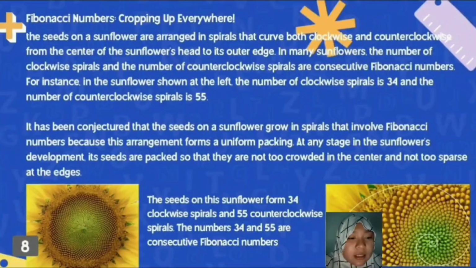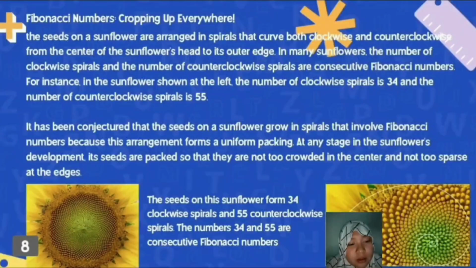The seeds on a sunflower are arranged in spirals that curve both clockwise and counterclockwise from the center of the sunflower head to its outer edge. In many sunflowers, the number of clockwise spirals and the number of counterclockwise spirals are consecutive Fibonacci numbers. For instance, in the sunflower shown at the left, the number of clockwise spirals is 34 and the number of counterclockwise spirals is 55.